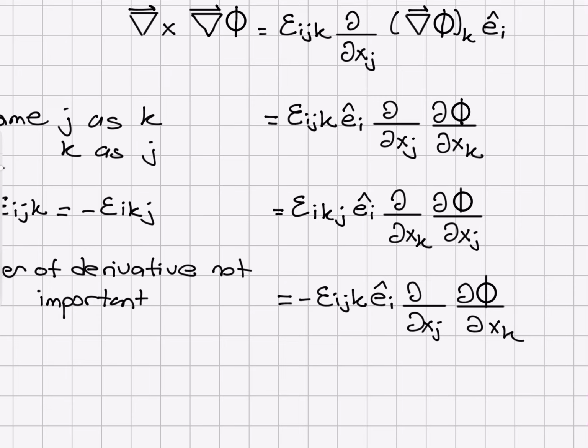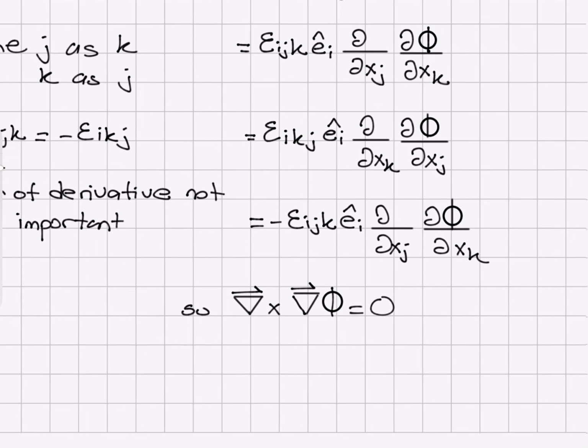Now comparing these two terms here, epsilon ijk and minus epsilon ijk ei hat del xj del phi del xk, I have again the same thing equal to minus of itself. So this result implies the curl of the gradient of a scalar field must be equal to 0.